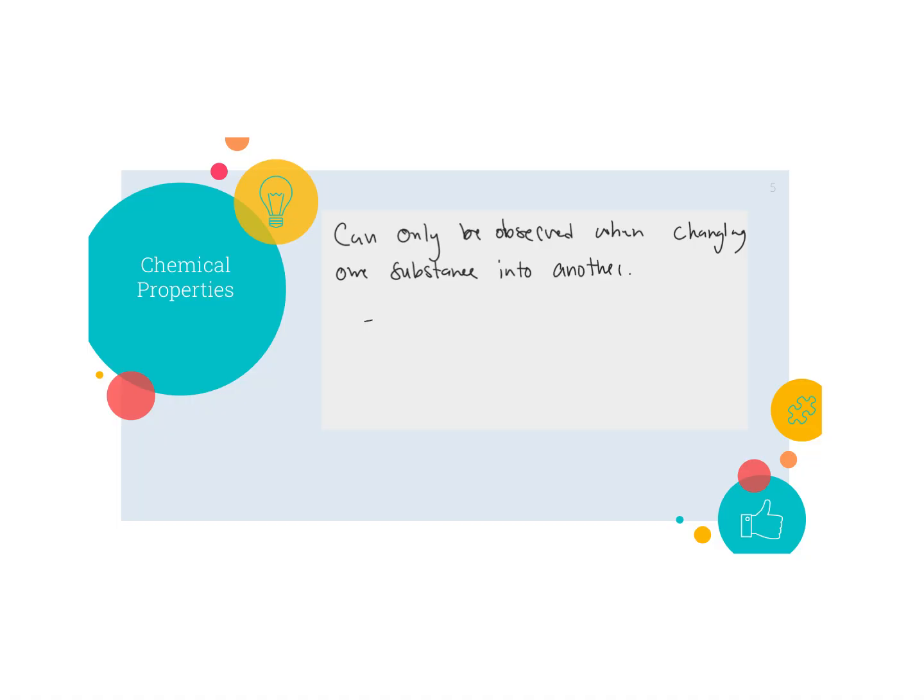Some examples are flammability, which is the ability to burn in the presence of O2. If you have something that's flammable, that can burn with O2, but you only know that when you change a substance into another, or a reaction happens.